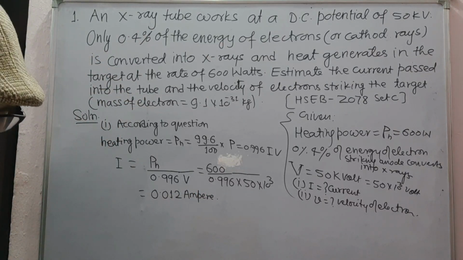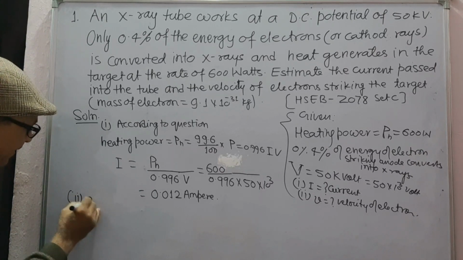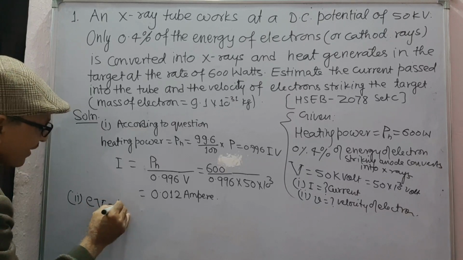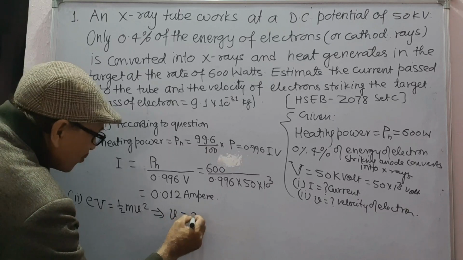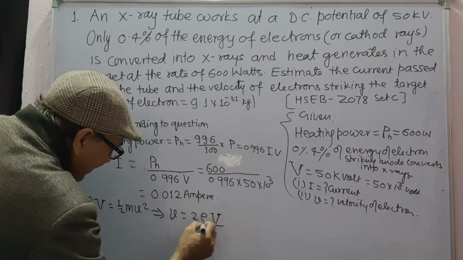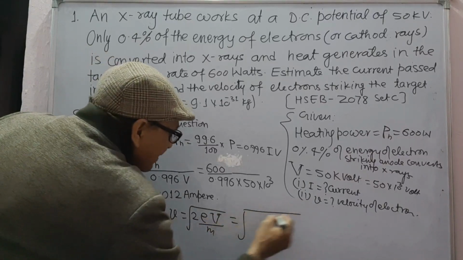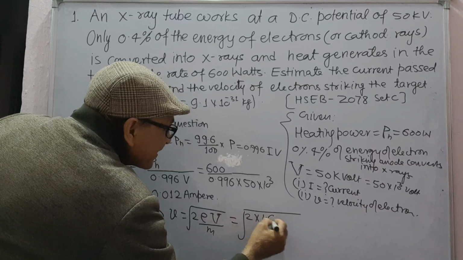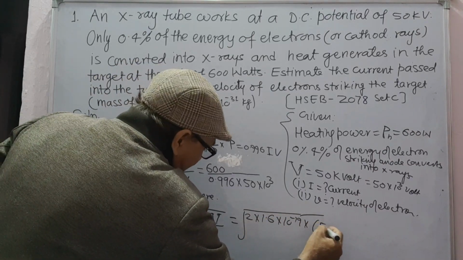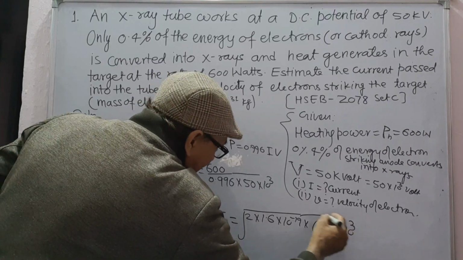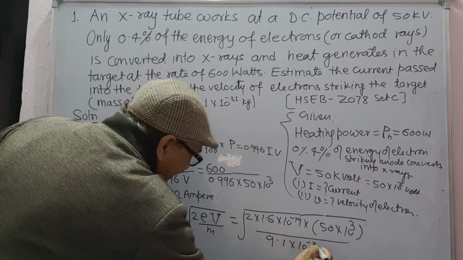Second part, velocity. eV = 1/2 mv², which gives v = root of 2eV upon m. Now putting the values: 2 into 1.6 into 10 to minus 19, V is 50 into 10 to power 3, upon m, 9.1 into 10 to minus 31.